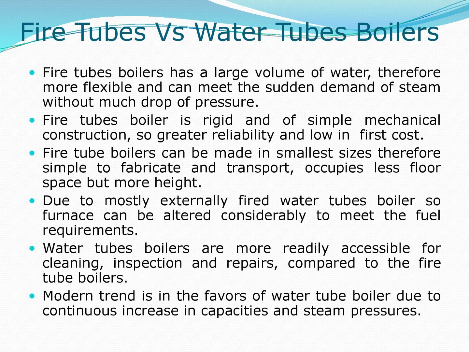Due to being mostly externally fired, water tube boilers' furnace can be altered considerably to meet the fuel requirements. Water tube boilers are more readily accessible for cleaning, inspection and repairs compared to fire tube boilers. The modern trend favors water tube boilers due to continuous increase in capacities and steam pressures.